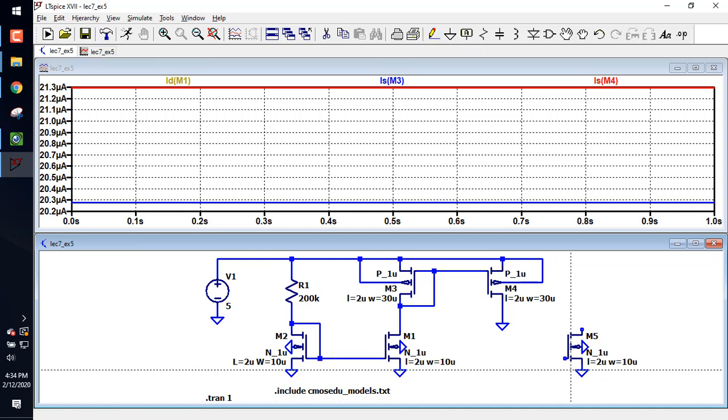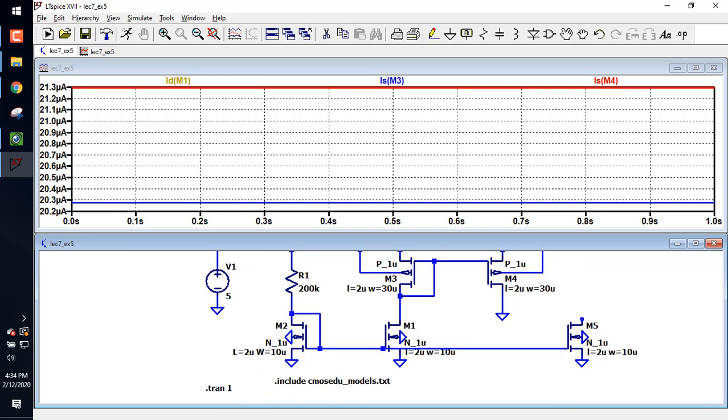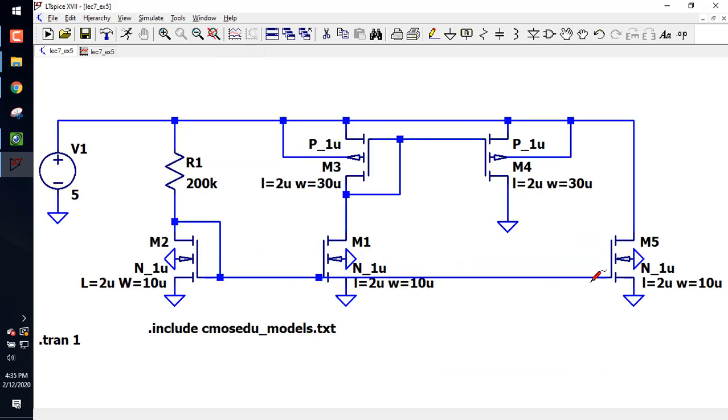I could draw it down and over, but generally in schematics they'll draw it like this, and it's assumed it's connected. Does everybody see that? And then I were to go like this and over here. What do you think the current flowing in this device would be? 20 microamps. It's a current mirror. Just because I put this over here instead of back here, I could move these around, right? It's the voltages. Does that make sense?